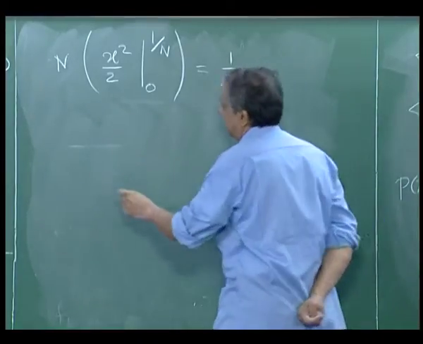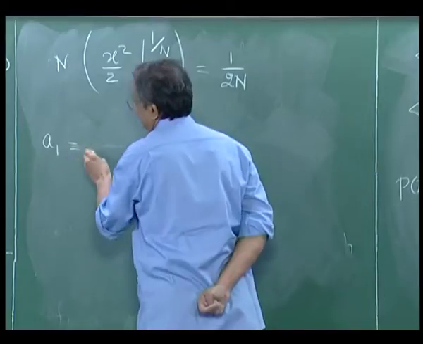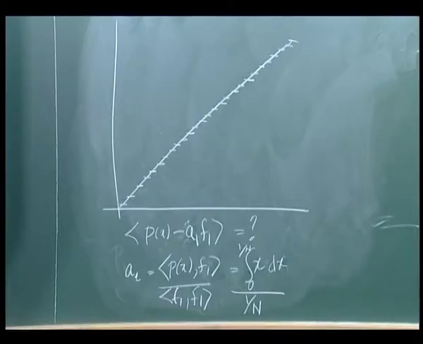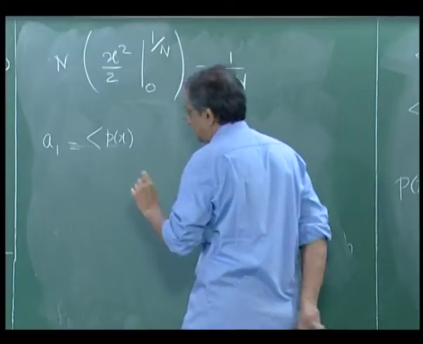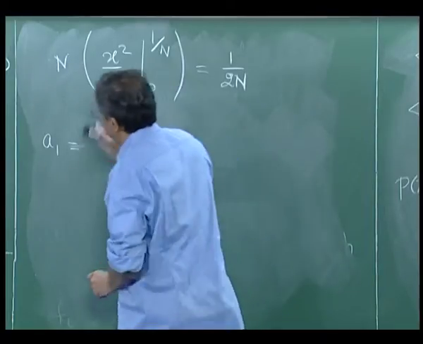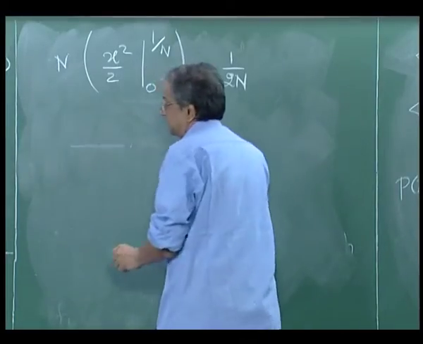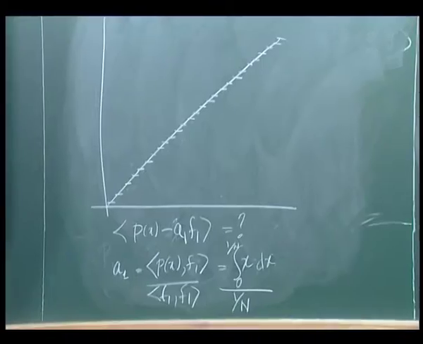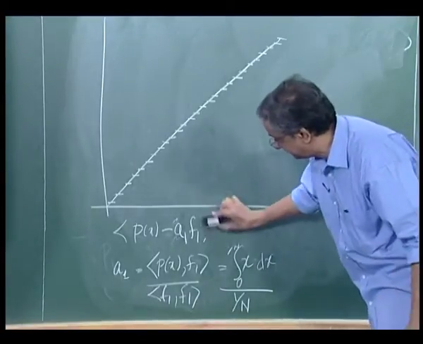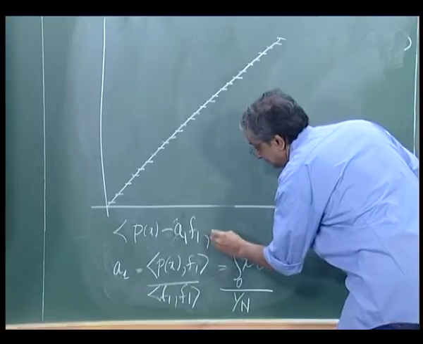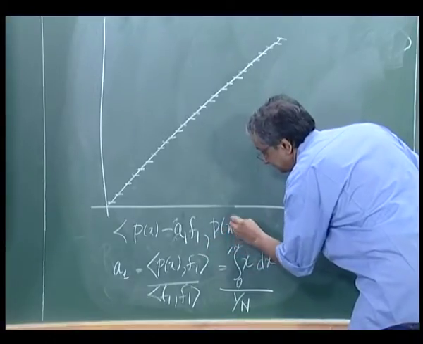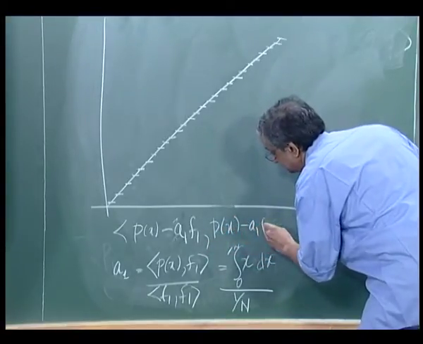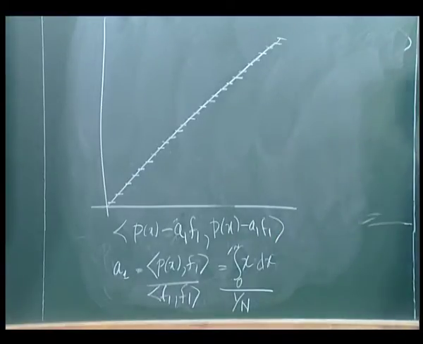So my error, the representation error, is P of x minus A1 F1, and you guys are letting me get away with a mistake here. Okay, that's better.